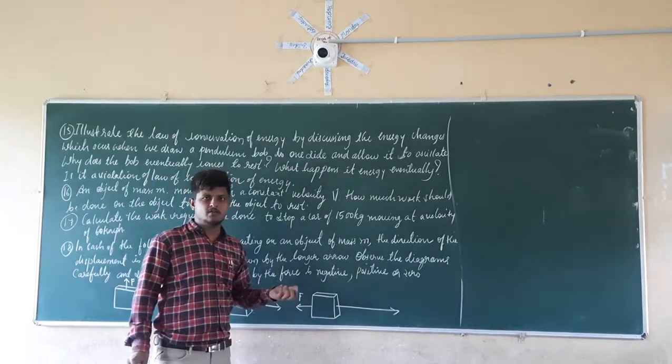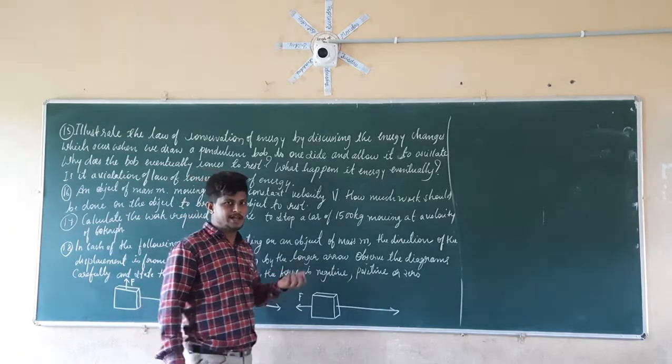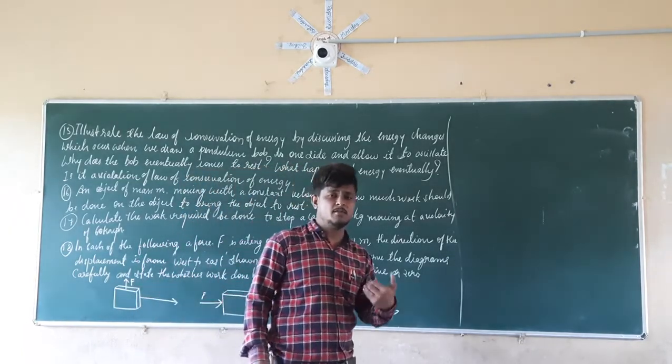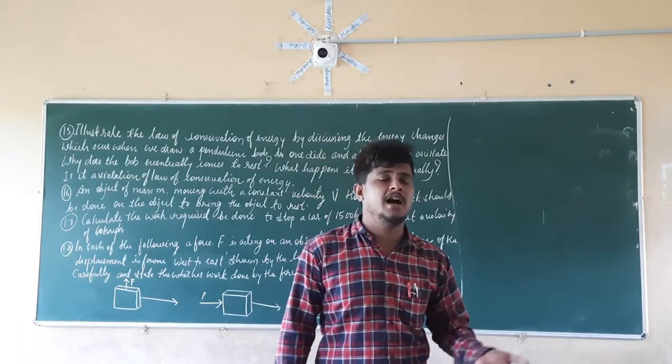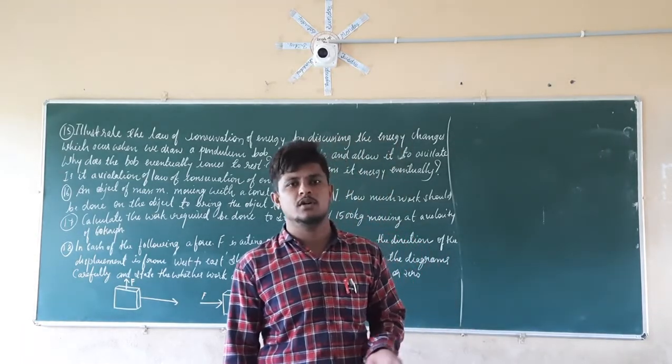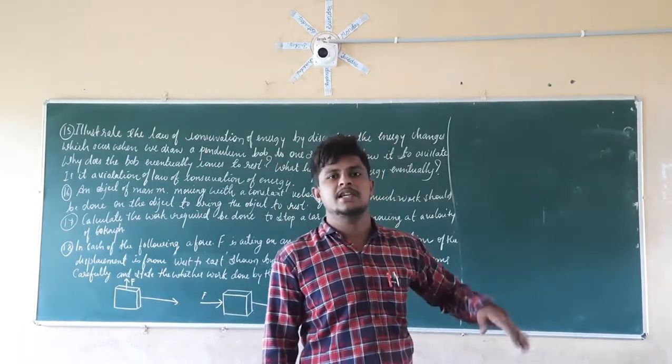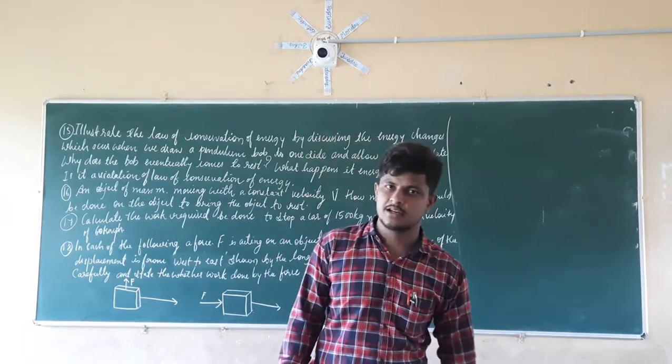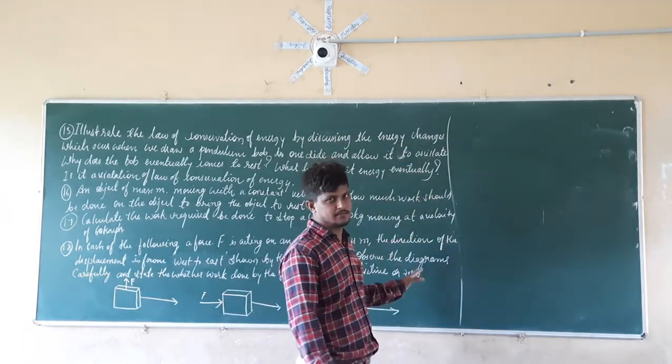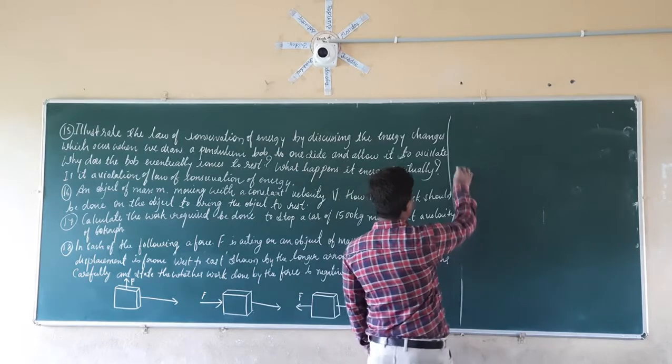If it is moving, it will have kinetic energy. So the amount of work done to stop that car will be equal to the kinetic energy which is there in that car. So directly we are going to find out the kinetic energy. For that reason, first we have to write out the given data.